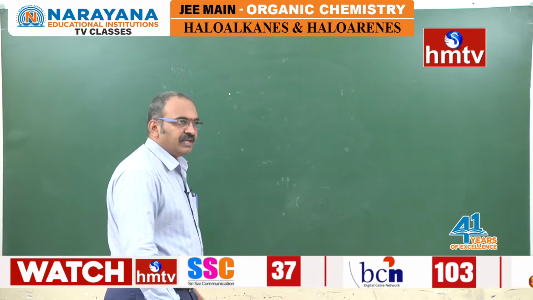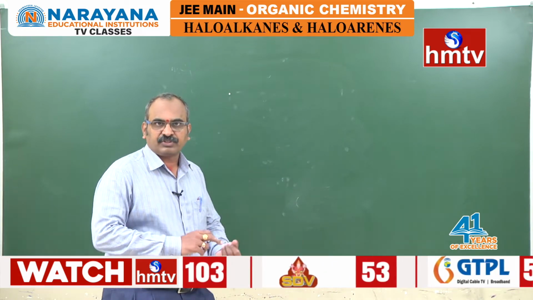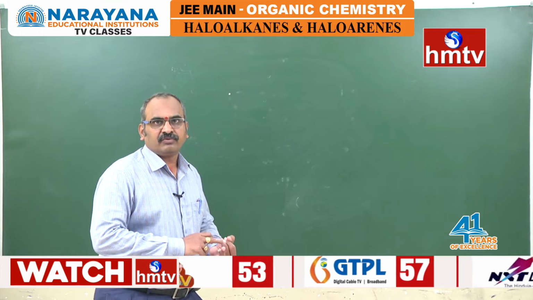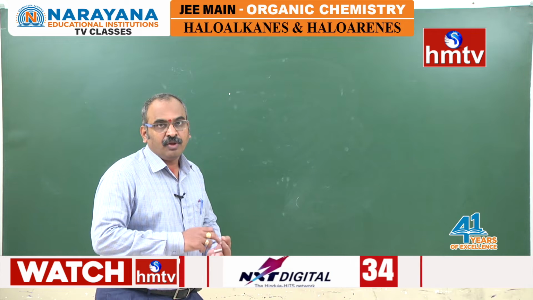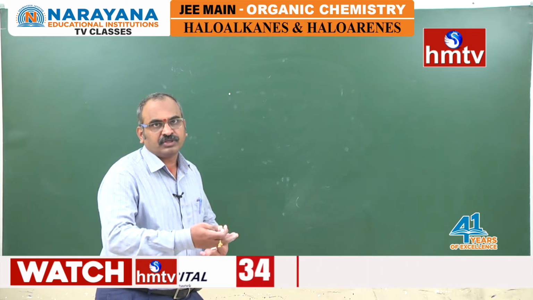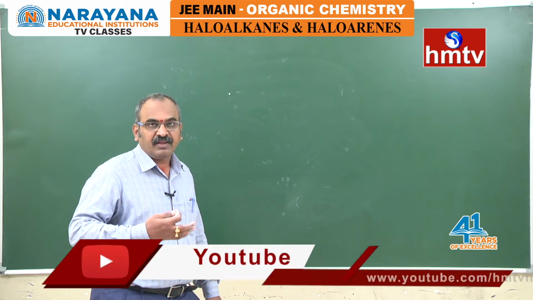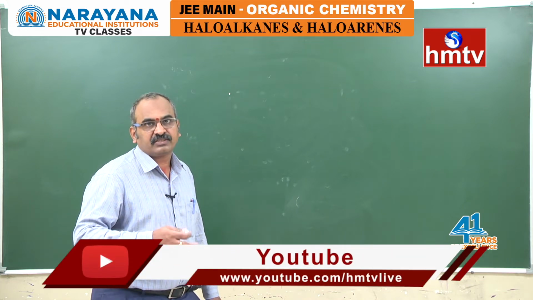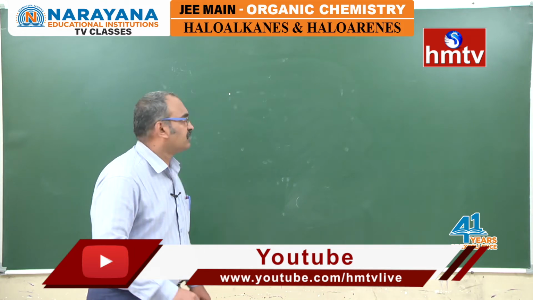So now we will see a new type of reactions of alkyl halides. We have seen the substitution reactions, the elimination reactions, and substitution versus elimination, which are favorable conditions for substitution and which for elimination. Let us see a different type of reactions, that is reaction of alkyl halides with metals.